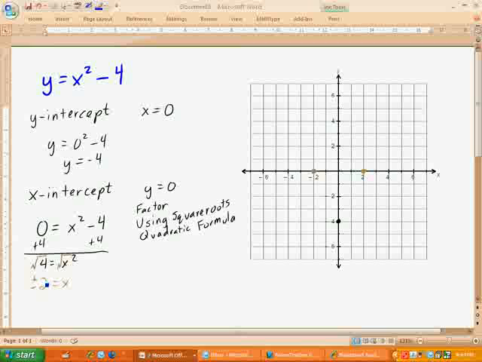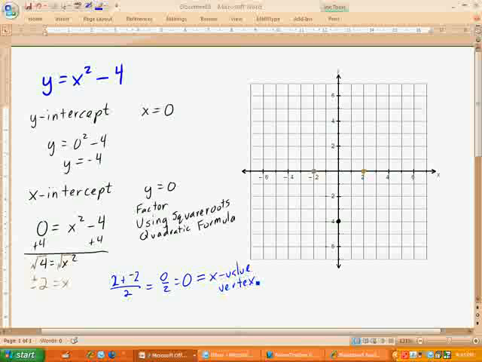Or you can average the two numbers, 2 plus negative 2, and then divide it by 2. Now in this case, 2 plus negative 2 is 0, and that gives me 0. That 0 is the x value of my vertex.